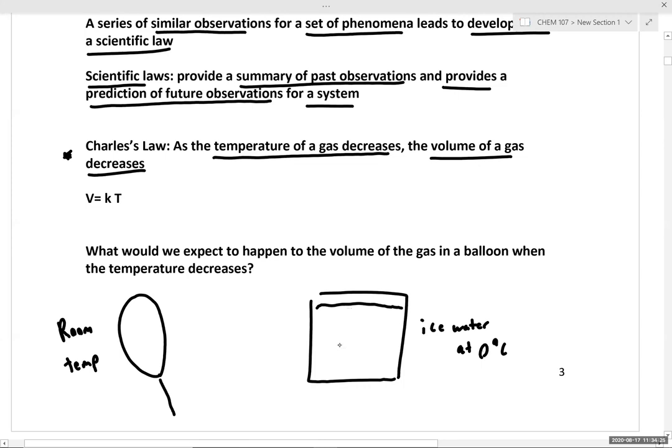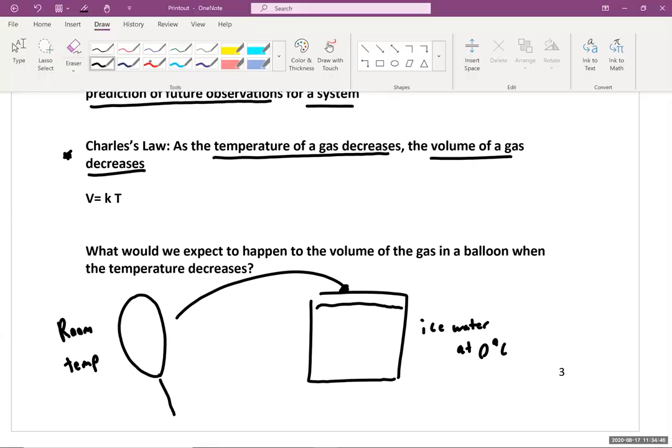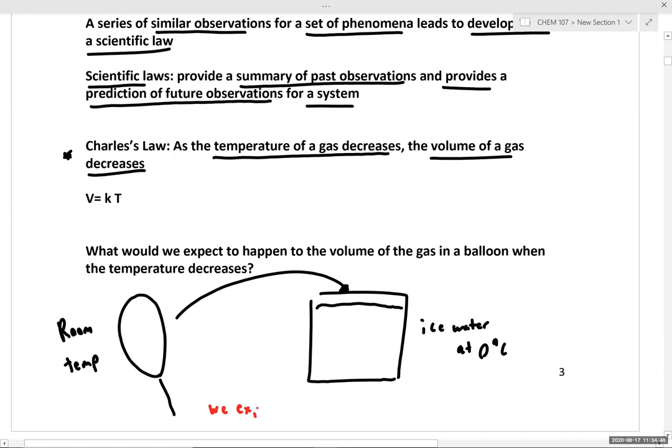So if I wanted to place my balloon into ice water, following Charles' law, based on our previous observations for this gas system, what would we expect to happen to the balloon if we put it in ice water? We would expect it to shrink. Exactly right. We expect the balloon to shrink.